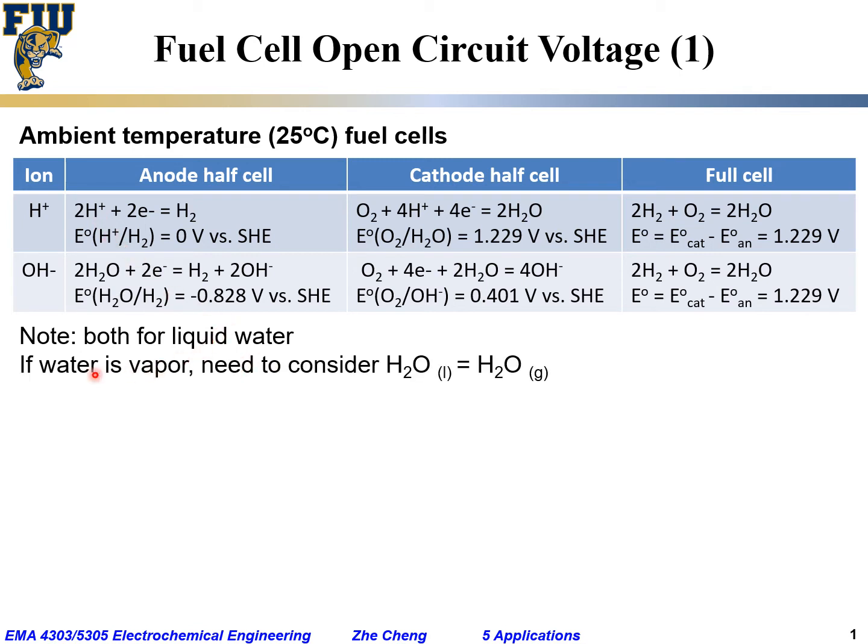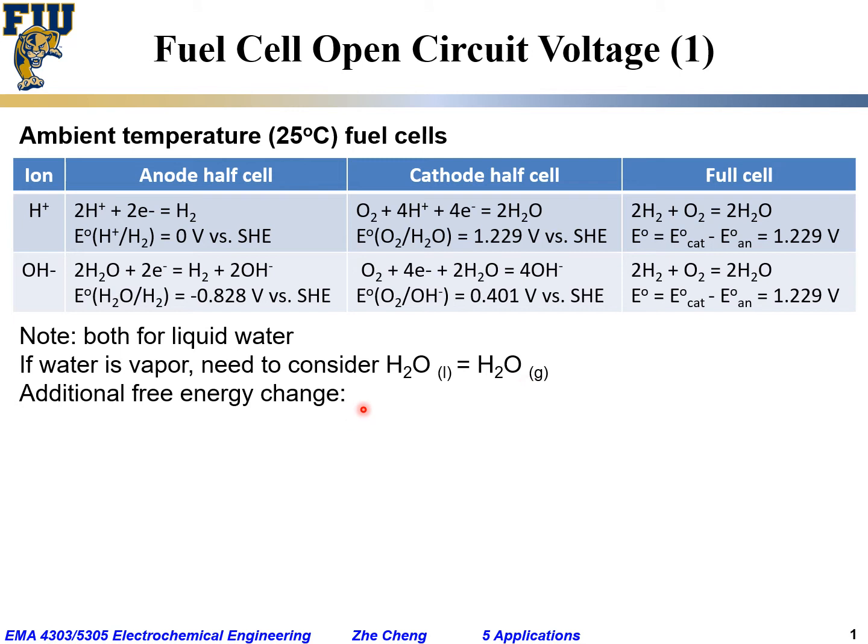And sometimes if you want to know what would happen to the standard cell potential if the water generated, at least some of it, is in vapor, then we need to consider the additional step between liquid water and water vapor or gas phase of water.